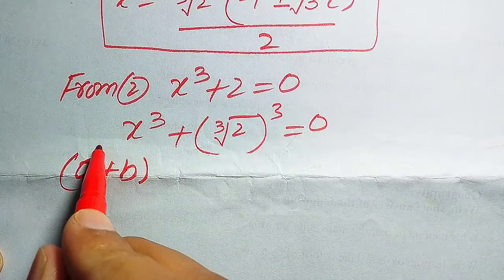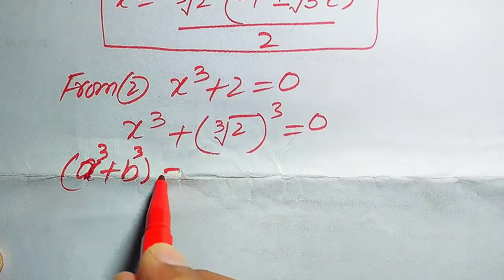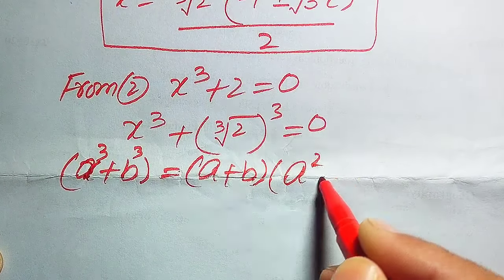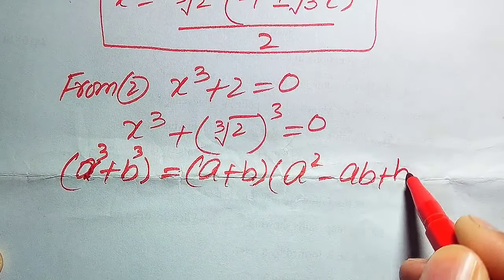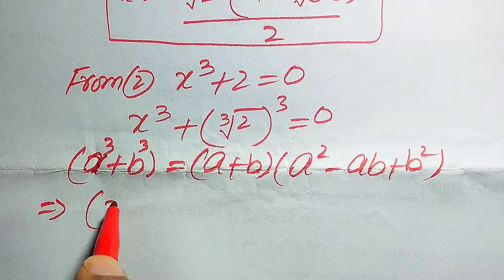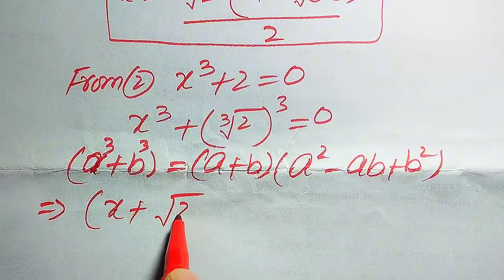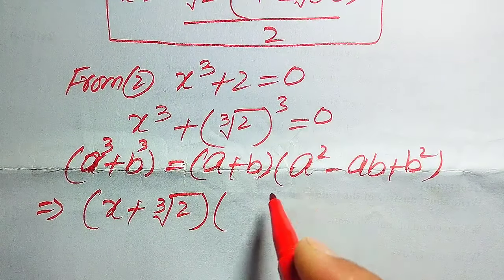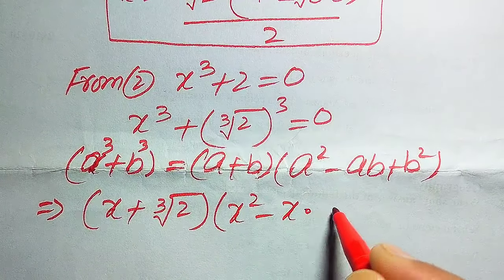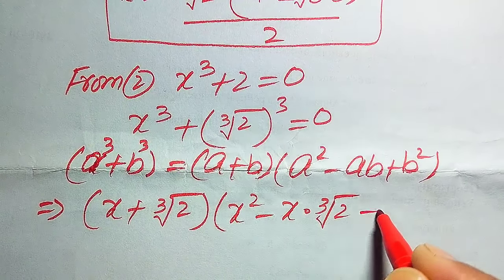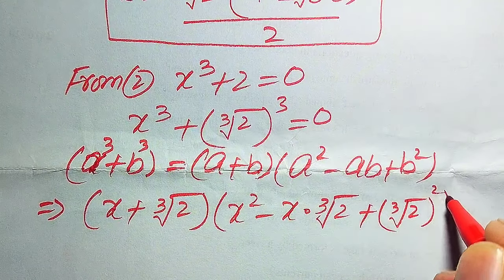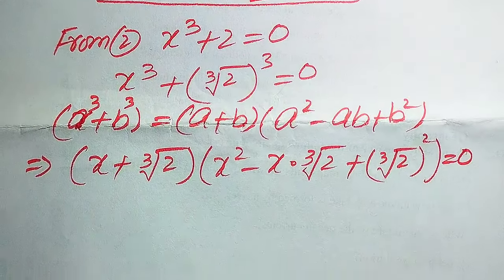If we have a cubed plus b cubed, it equals a plus b times a square minus ab plus b square. So according to this formula, we write our above equation as x plus cube root of 2 into x square minus x into cube root of 2 plus cube root of 2 and its whole square, and this is equal to 0.